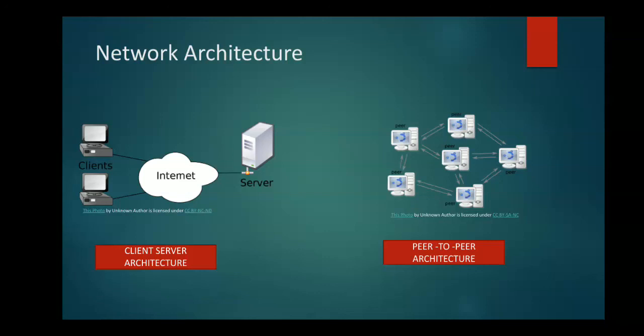It contains all the hardware and software, and the client computers are the connected computers. They can avail all the facilities of the server computer. In the peer-to-peer network, all the computers have equal capacity and capability to use the resources available on the network.